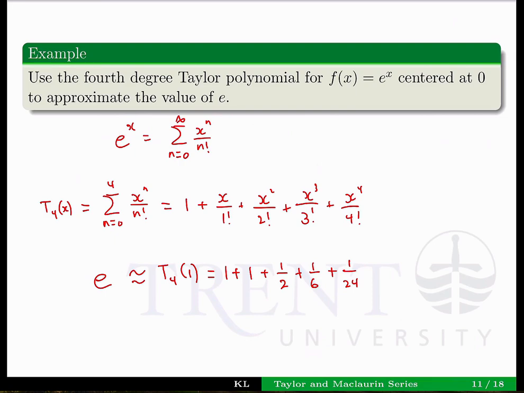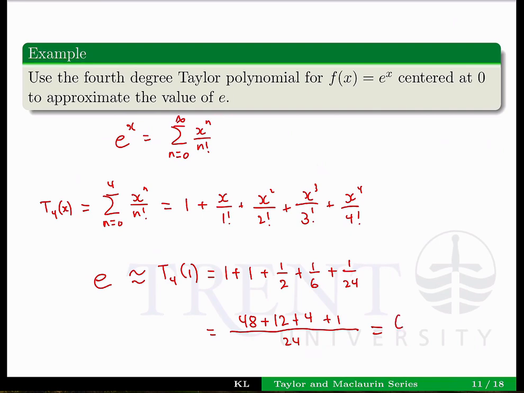So we can add all of this. We will have here over 24. So 1 plus 1, that's 2, so this will be 48. Plus 1 half, with 24 as the denominator, that's 12. Plus 1 over 6, we want 24, so that will be 4. 1 over 24, of course, that's just 1. So we'll have 48 plus 12, 60, plus 4, 64, plus 1, 65.